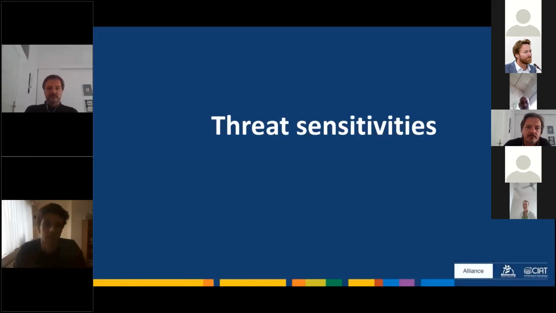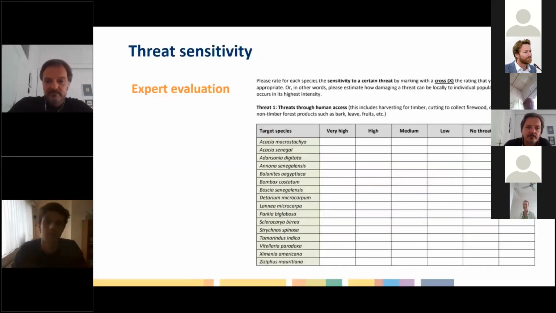Then the next step is to estimate the sensitivity of each of the studied tree species towards the considered threats. In Burkina Faso, Hannes and colleagues developed an expert appraisal approach to do so.